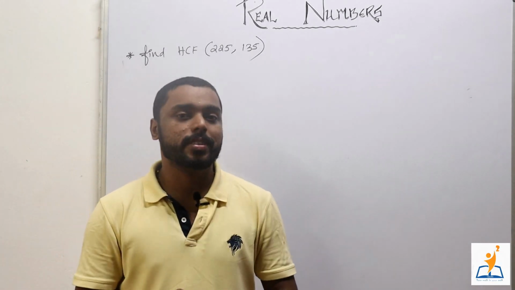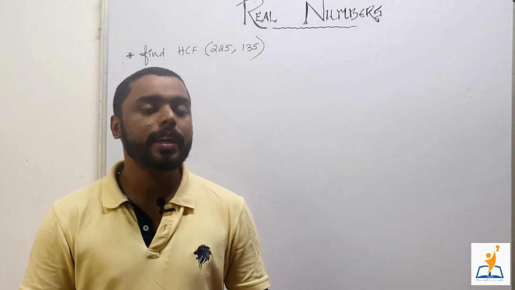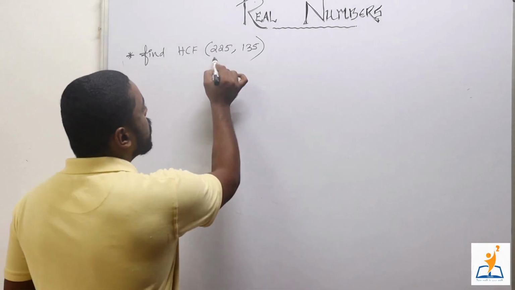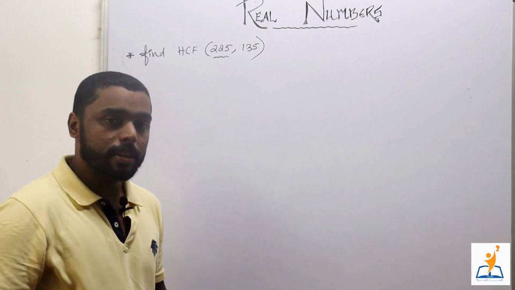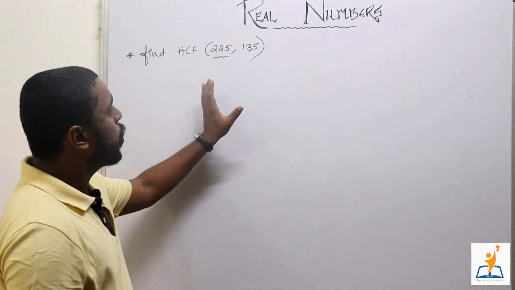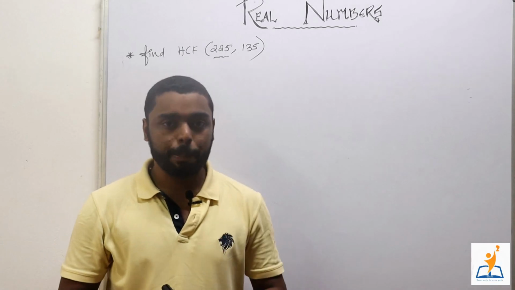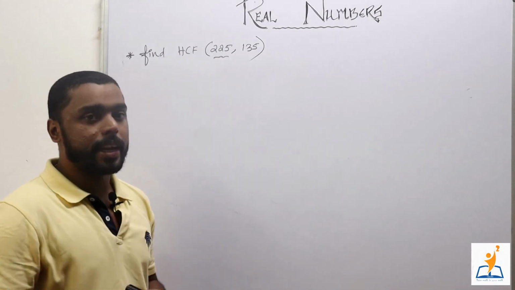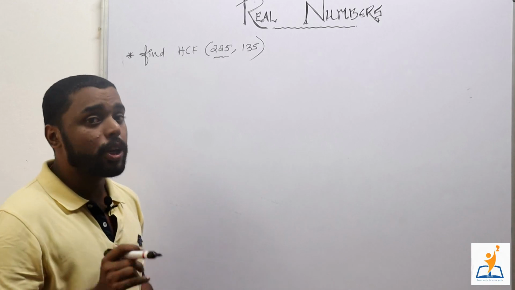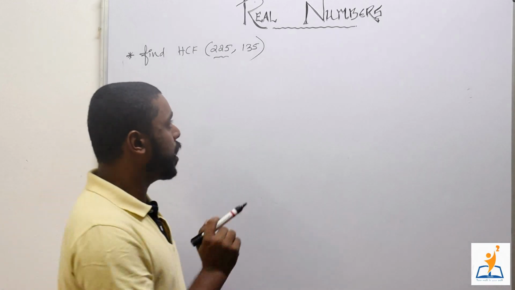The very first step is to identify the bigger number. Here, the bigger number is nothing but 225. So, the first step of Euclid's division algorithm is to represent the bigger number in terms of the smaller number by Euclid's division lemma.